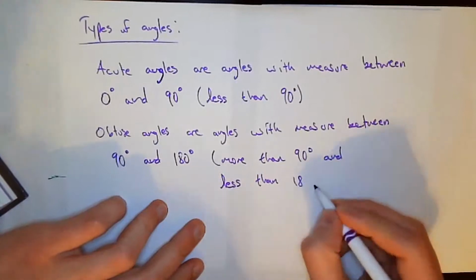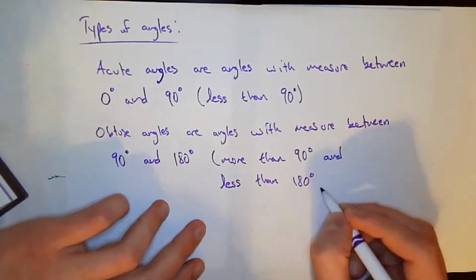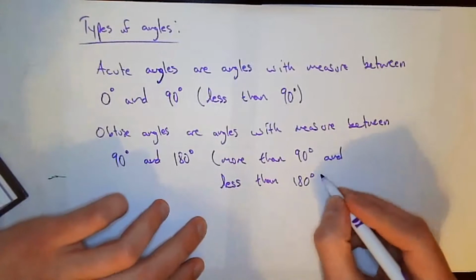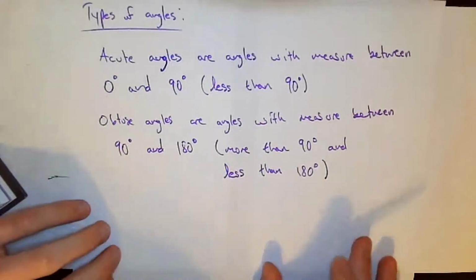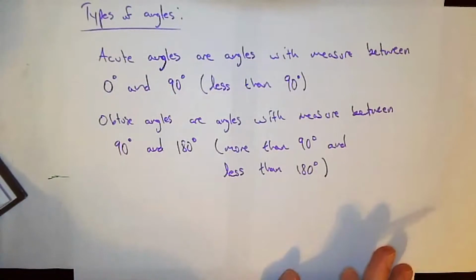It can be like 179, 179.99999. And why am I making a point of that? Well, because we have two other special angles. When an angle is exactly equal to 90 degrees, then we say it's a right angle.